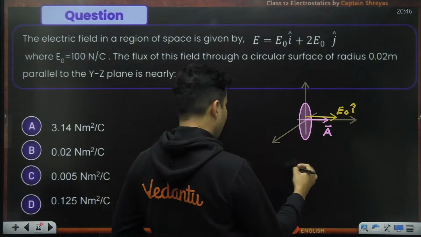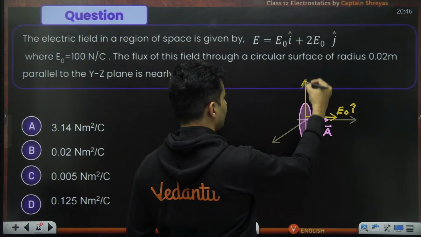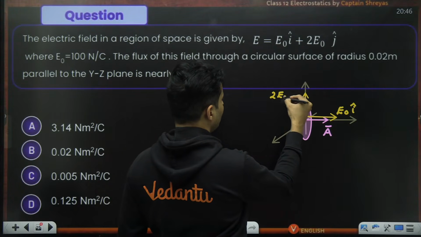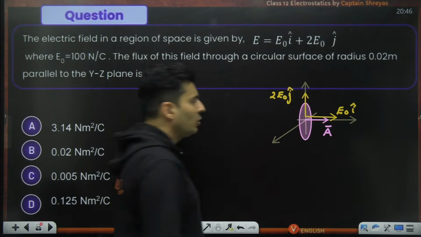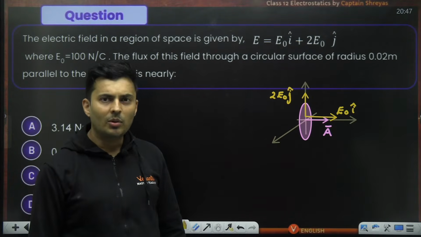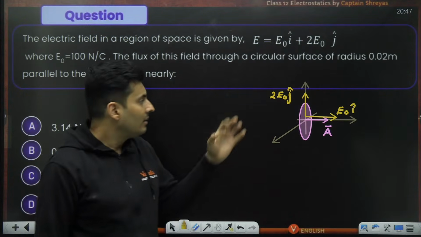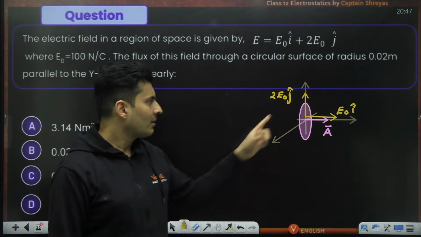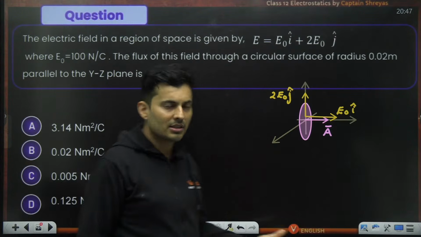There is also some electric field which is going like this, which is 2 E naught j cap. Now think carefully and tell me, out of the i cap and the j cap component, which component will contribute in the flux? Think logically.